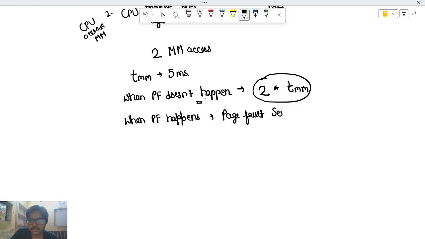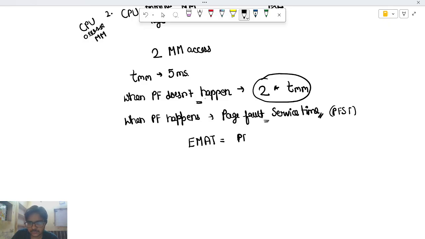This time is the total time it takes to bring the page from secondary memory to main memory, and also the time to put back the page from main memory to secondary memory. So this is the page fault service time which will be given to you in the problem.